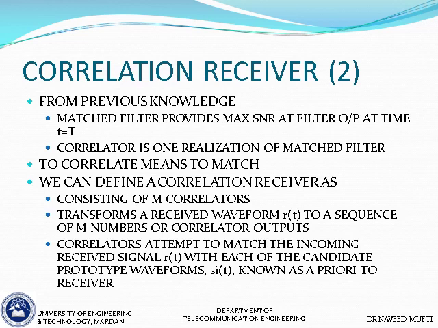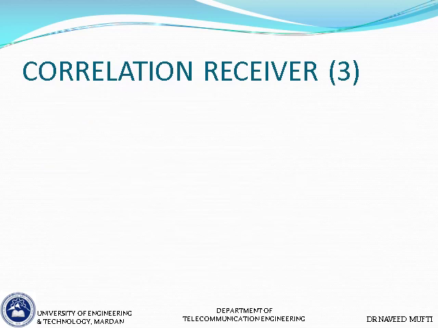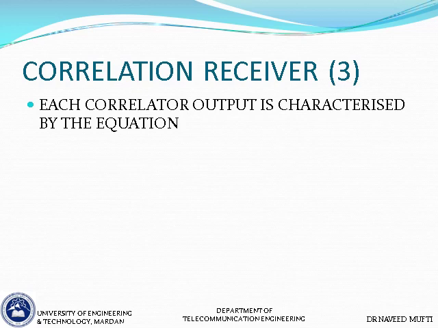And the correlation receiver, if we look at it graphically, each correlator output is characterized by this equation. So we've got M correlators, i goes from 1 to M, and there is an output corresponding to each correlator, governed by this equation, which is the equation we derived previously as well.